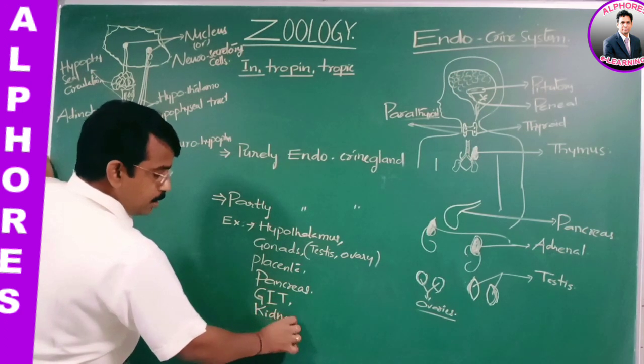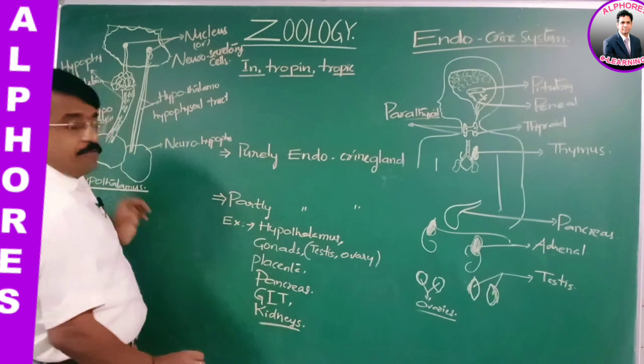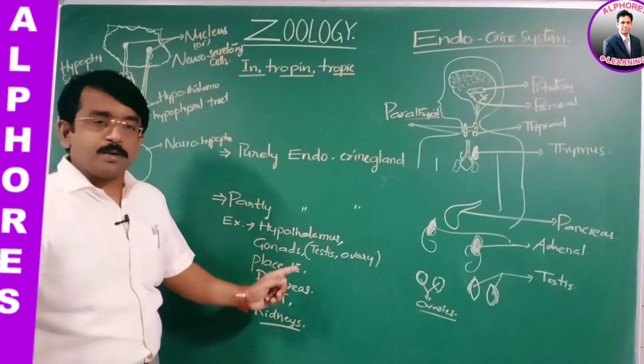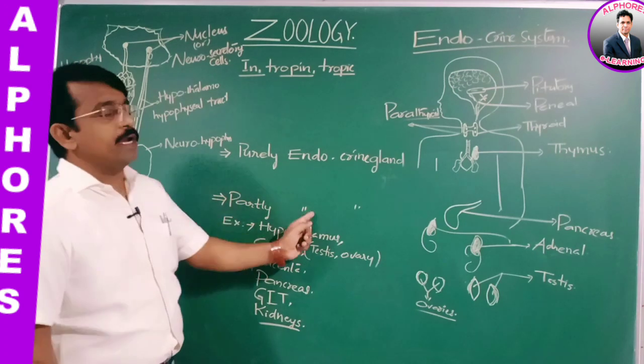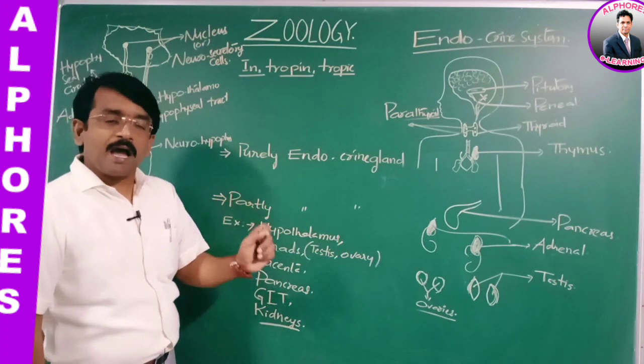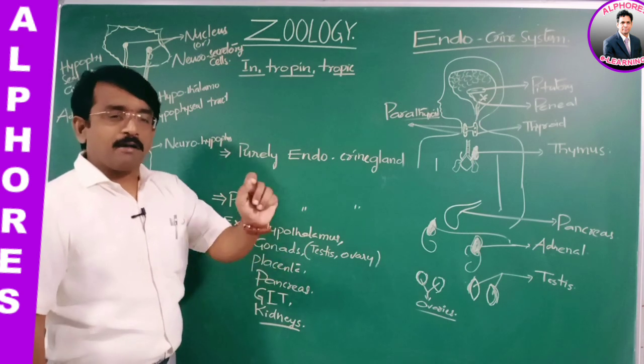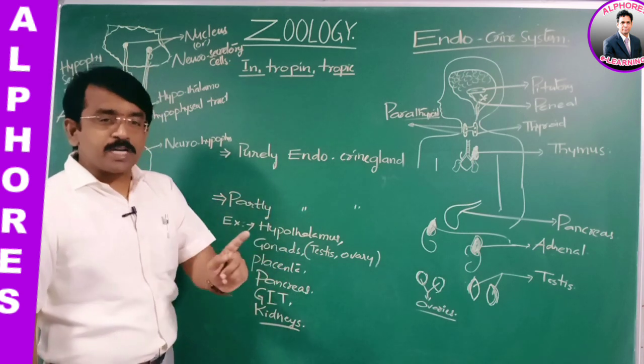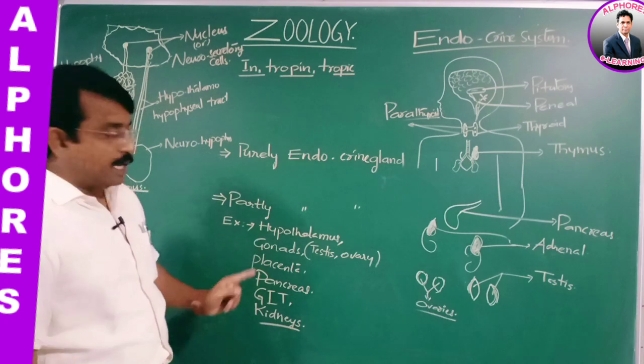These are all what we consider to be the partly endocrine glands, which means they have the property of releasing hormones. Besides that, they have certain functions.